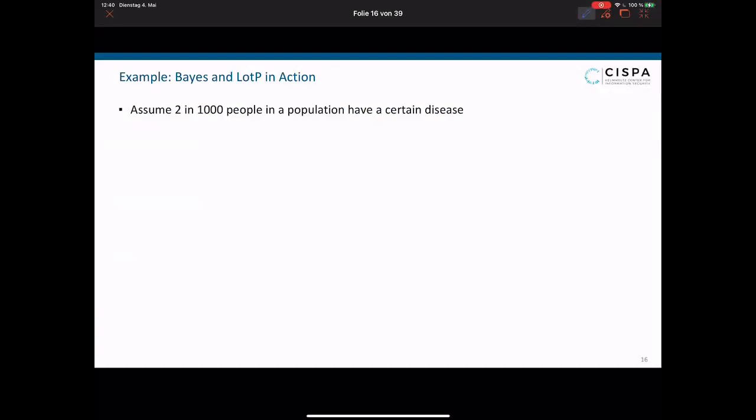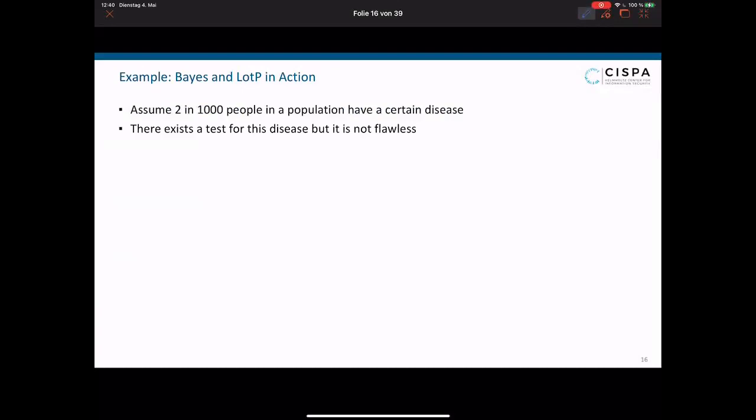Now, for our example, we assume that 2 in 1,000 people in a population have a certain disease. And there exists a test for this disease, but it is not flawless.